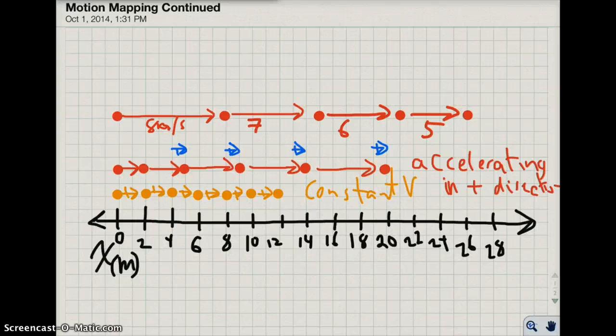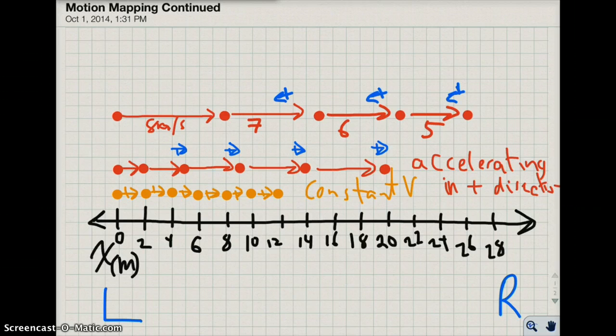It turns out that what is happening is we have a slowing. And so when something is moving in the positive direction, as is this object, it's moving from left to right, and it's slowing, the acceleration is in the negative direction. You might like to think of this as deceleration. However, if you do use the word deceleration, that tends to mean slowing, but in this case, it might not be.